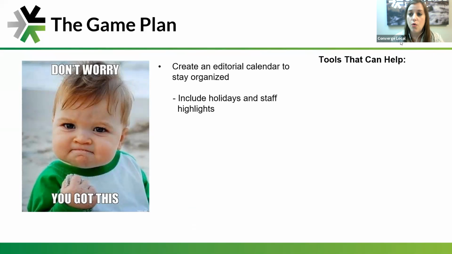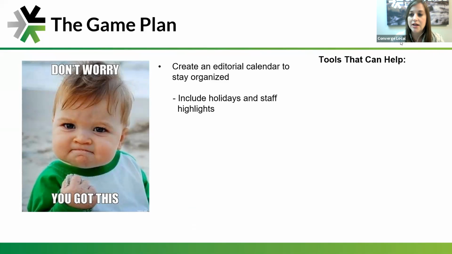All right, so when we're talking about your lead generation campaign and organizing yourself with those 6 to 8 touches that you need to make, or we're talking about content creation, make yourself what we call an editorial calendar to stay organized. So this doesn't have to be overly complicated.